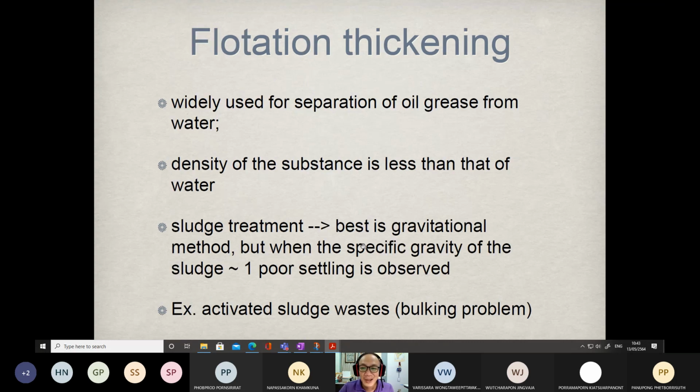Flotation thickening. As I told you, we have two types of thickener.